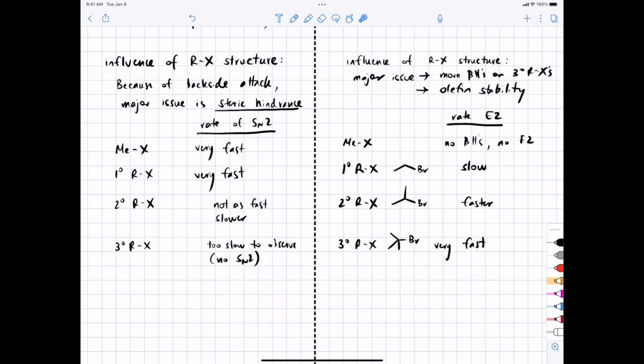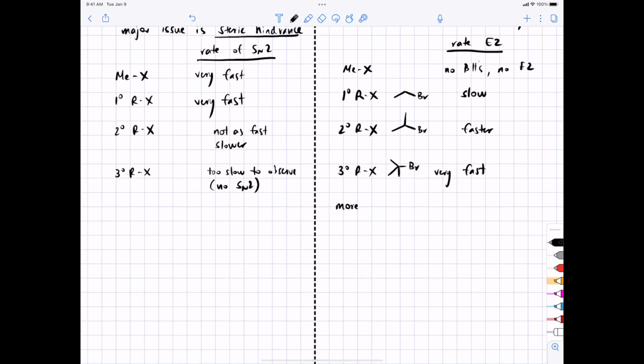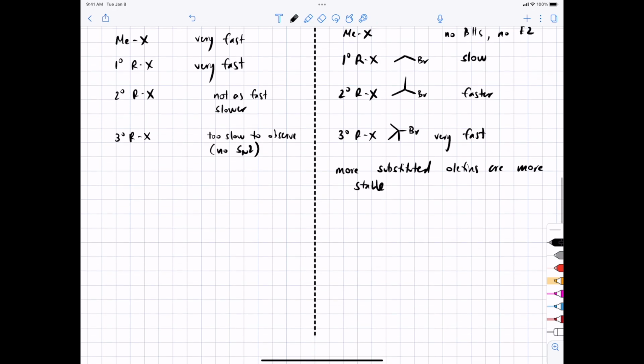We don't necessarily need to talk about it right now, other than to say that more substituted olefins are more stable. And tertiary alkyl halides generally lead to more substituted olefin elimination products.